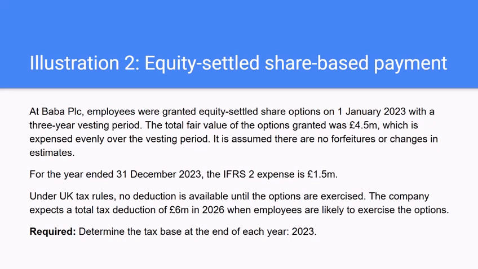It is assumed there are no forfeitures or changes in estimates. For the year ended 31 December 2023, the IFRS 2 expense is £1.5 million. Under UK tax rules, deduction is available until the options are exercised. The company expects a total tax deduction of £6 million in 2026 when employees are likely to exercise the options.